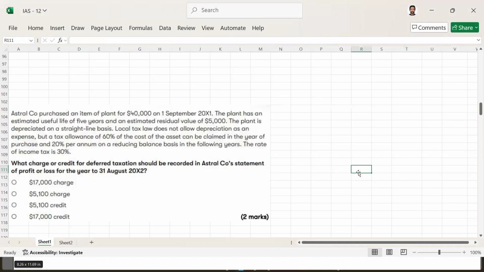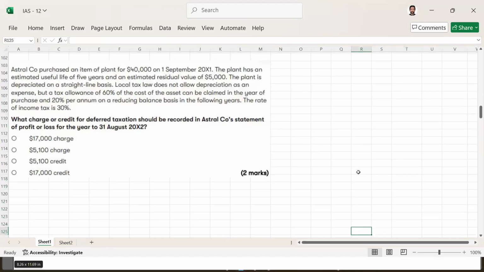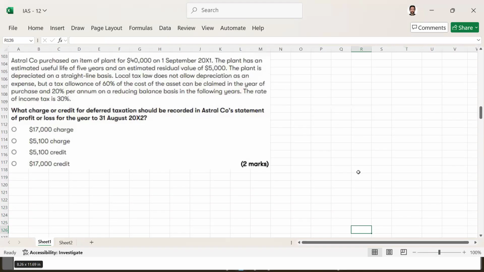So we have the next challenge here. Now this is different. We only have to find what charge or credit for deferred taxation should be recorded in Astral Co's statement of profit or loss for the year to 31st of August 20x2. We only have to compare the opening deferred tax liability and the closing deferred tax liability, and calculate the charge.